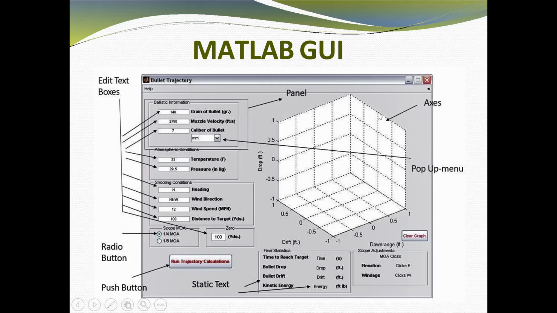These are axes. This is a panel. You have put all this on the panel. We have a pop-up menu; you can just have a drop-down menu down here. Then you can also have a static text. You can create it when the text is fixed, or you can have a scope adjustment here.